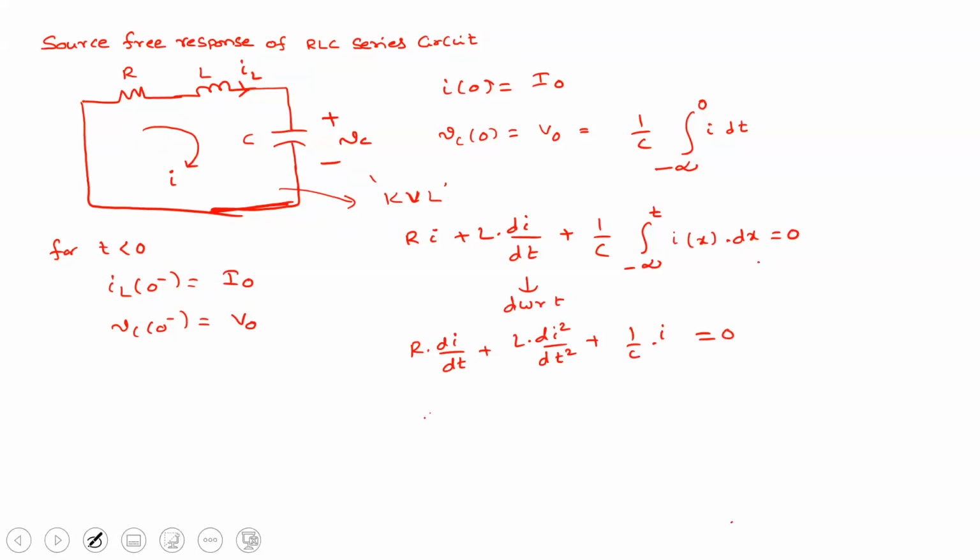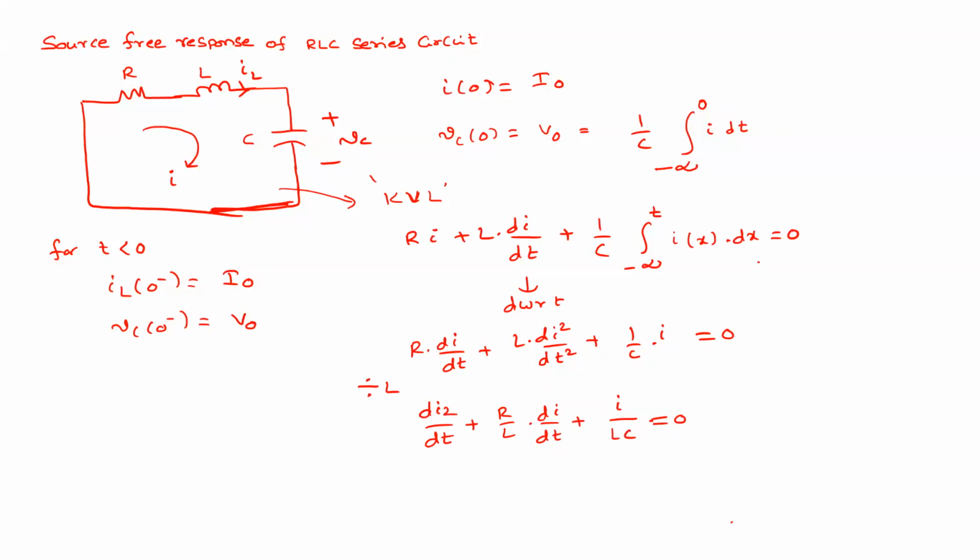If you rearrange this, it will be d square i by dt square plus R by L into di by dt plus I by LC equal to 0, right? Agree? I just divided with L. You agree for this? Yes, sir. Okay.